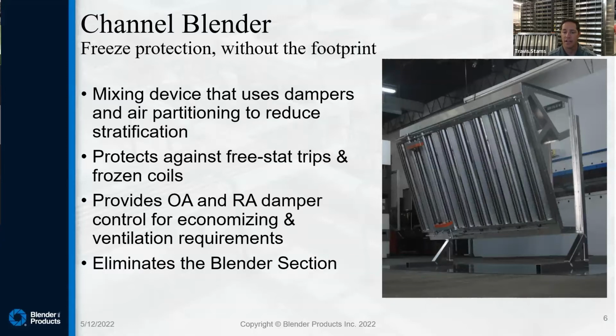It goes inside any mixing box, and it replaces the traditional outdoor and return air dampers. This mixing approach addresses the root cause as to why dampers in the mixing box fail to reduce temperature stratification, while eliminating one of the greatest penalties with using static mixers or other mixing technologies in the industry, and that's the additional extra tunnel length that those blenders or extra mixing technologies require.